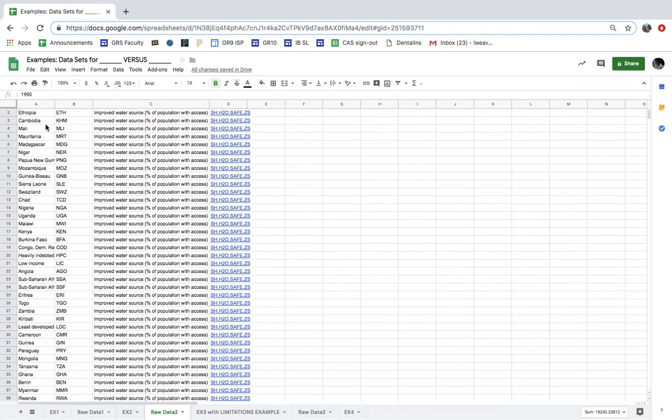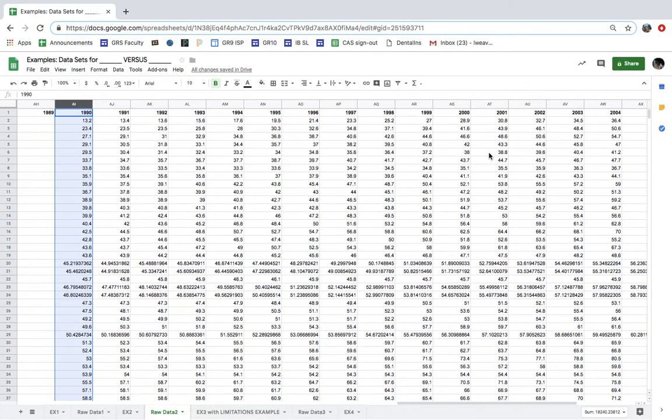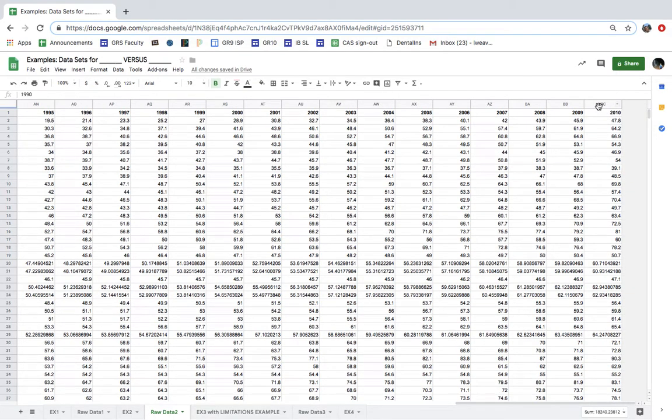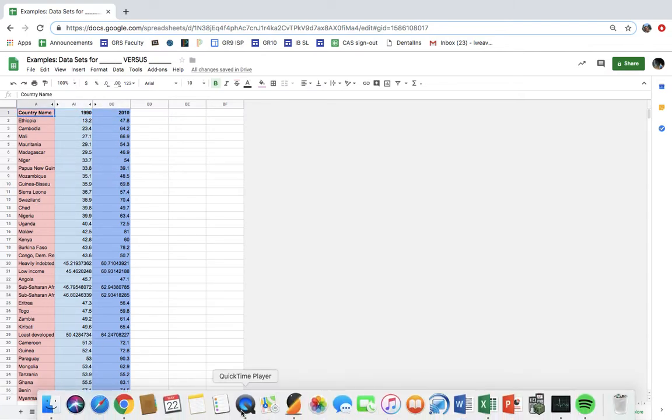I have my countries, Ethiopia, and here's Ethiopia's data point for 1990, and I could use that as data set one, and then I could scroll to 2010 and use that for data set two. Again, I would have the same setup. Here's my data set one, here's my data set two, and then in pink is my control.